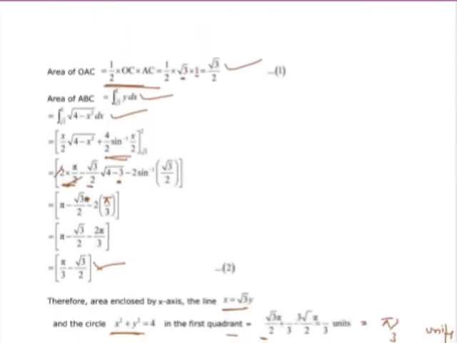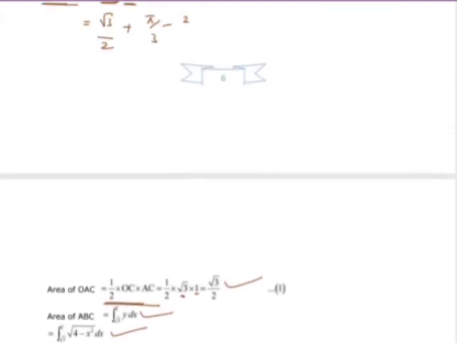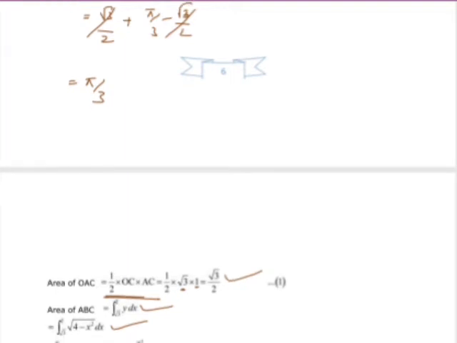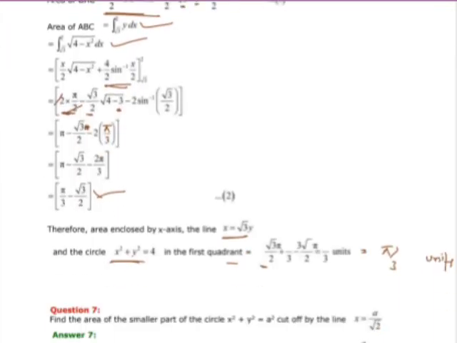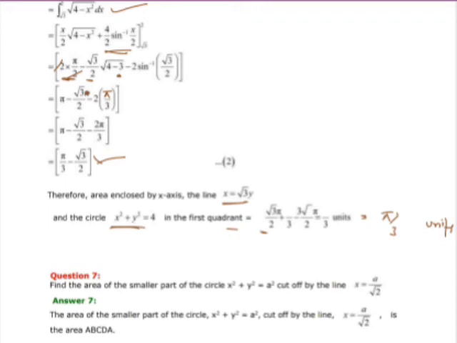Root 3 by 2. So it is plus root 3 by 2 minus root 3 by 2, which get cancelled only. The final value is what here? The final value is pi by 3. So plus and minus get cancelled here.